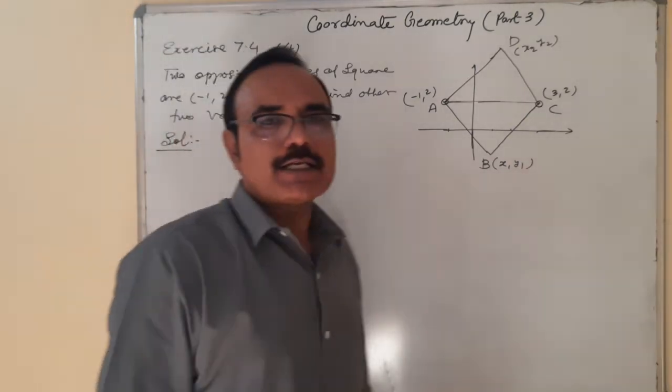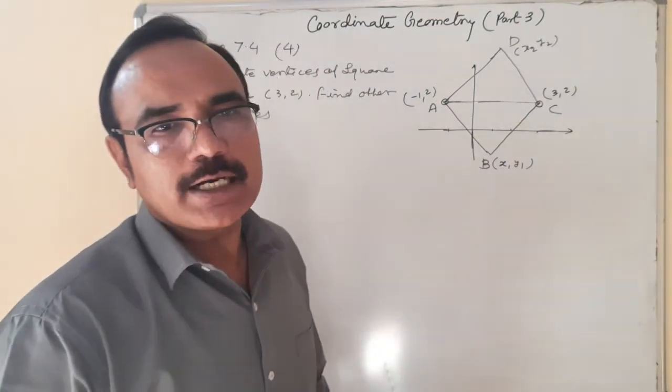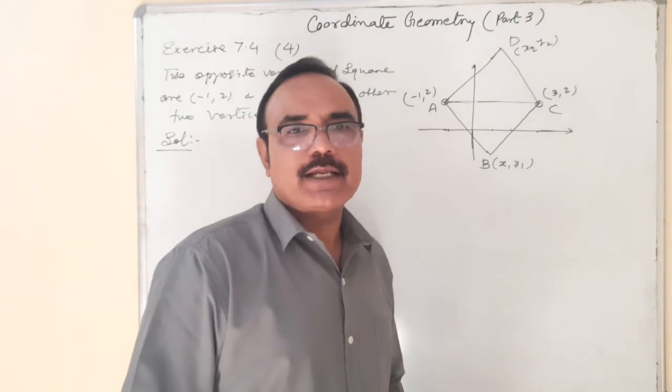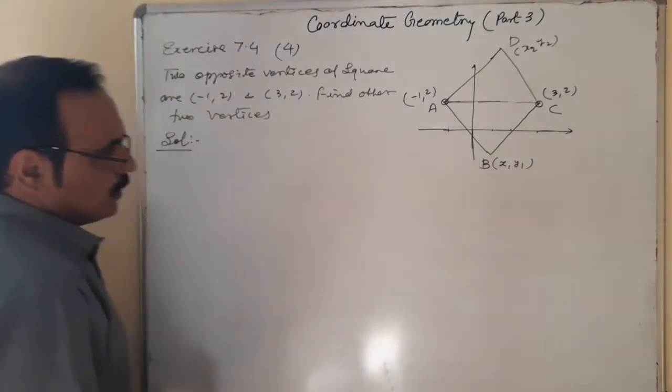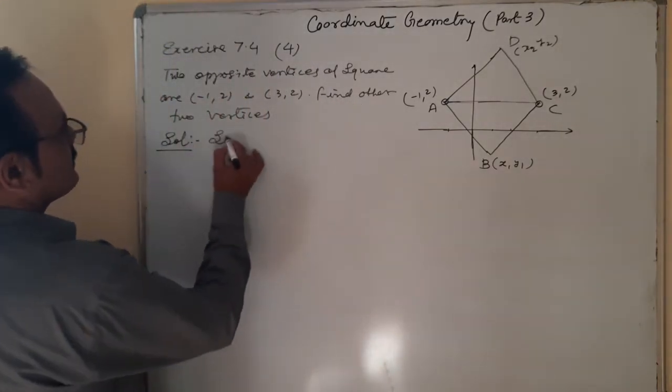Since ABCD is a square, what is the property of a square? All sides are equal and each interior angle is a right angle.